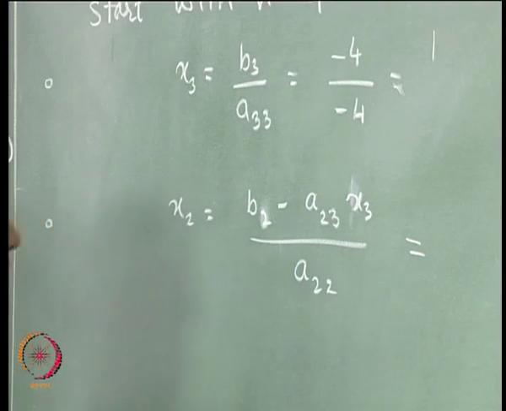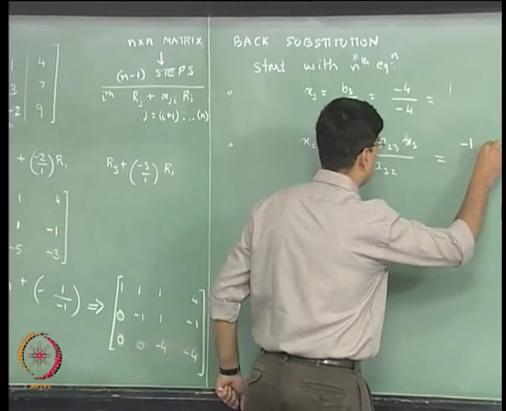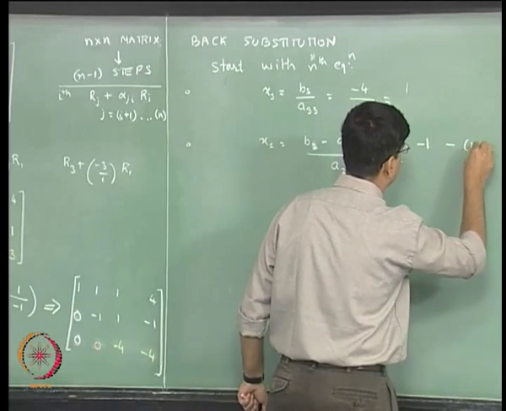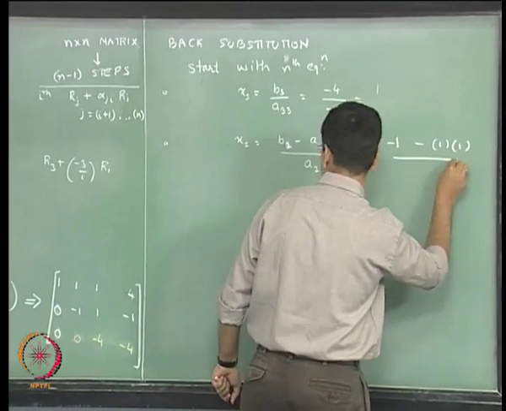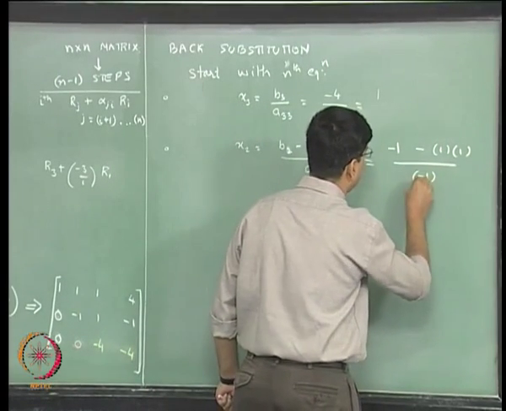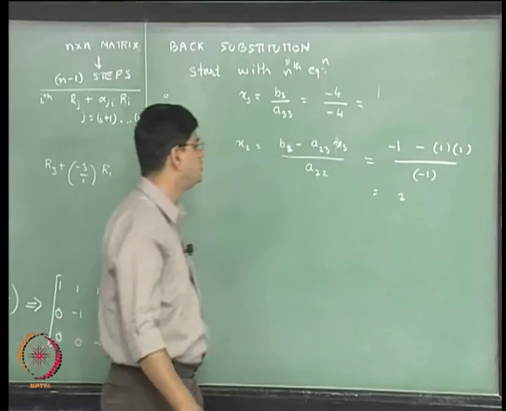Okay. And what we are going to get is minus 1 minus 1 multiplied by 1 divided by a22, which is minus 1. So that is minus 2 divided by minus 1, which is equal to 2. Okay.